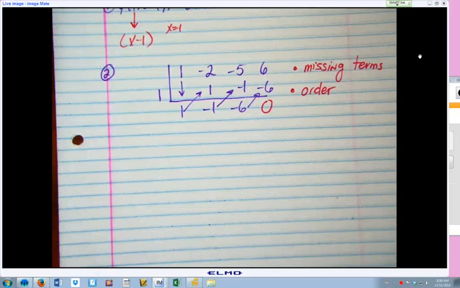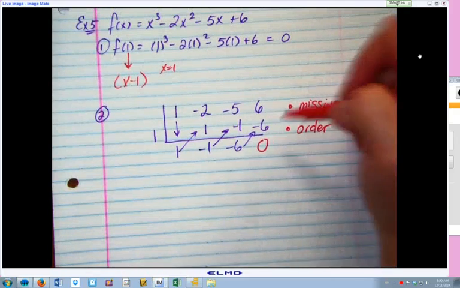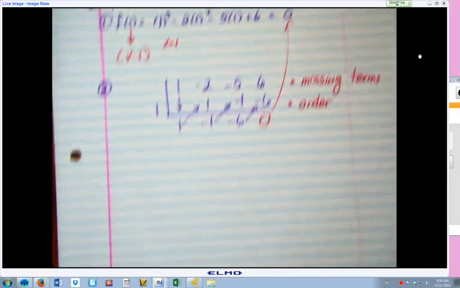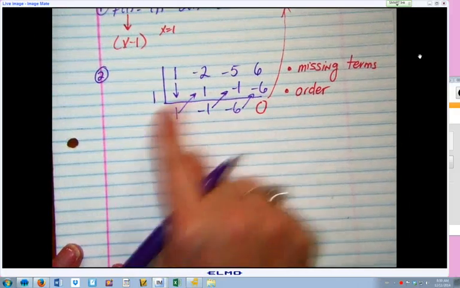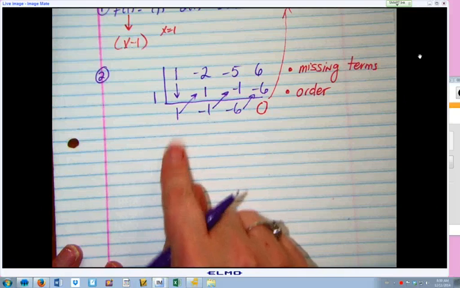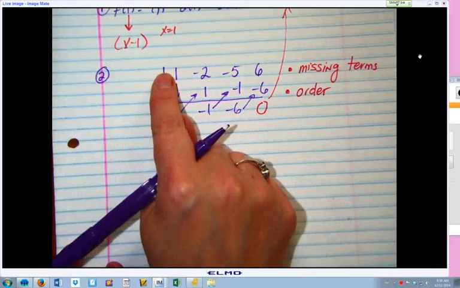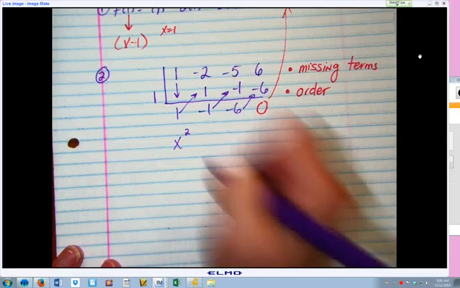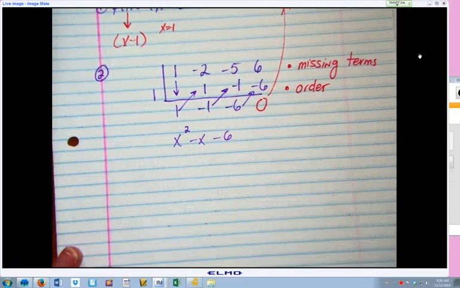How do we know that it has to be 0? Because we already found the remainder right up there, and we know that it's a factor. So if you're in step 2 and you don't get 0 as the constant, you've made a mistake somewhere, usually with a sign, or you've put the numbers in the wrong order or something like that, because it has to be 0. Okay, we get the answer from the bottom, and what do we know about the degree of the answer compared to the degree of the question? Okay, so the answer is 1x squared minus x minus 6.